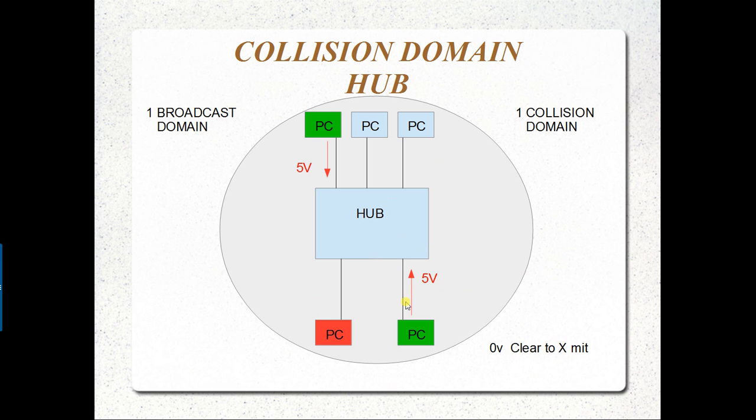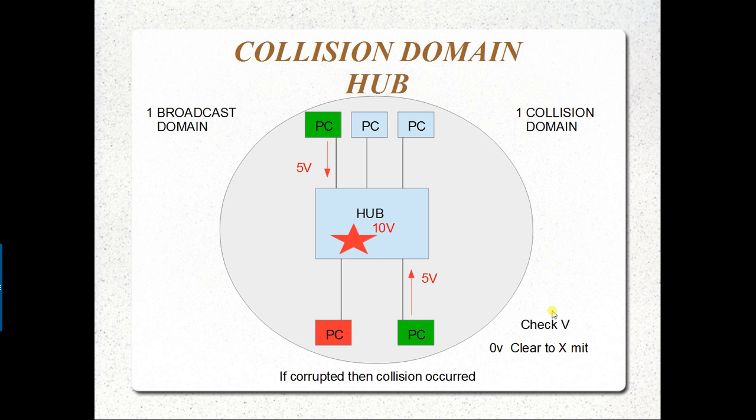But what if, as soon as this guy stopped transmitting, this guy was waiting too, and this guy was waiting, and they both happened to transmit at the same time? Then you're going to get a collision. Bam.